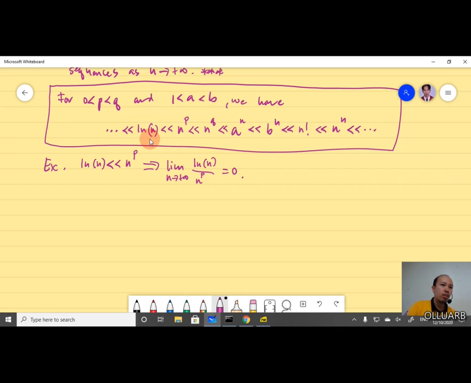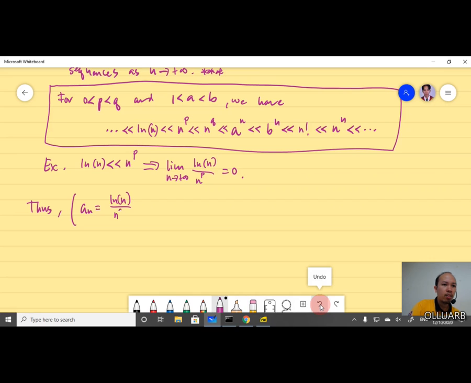So to solve our problem, we can say, thus, since we know that, please recall that our a n is ln of n over n to the 3 halves.